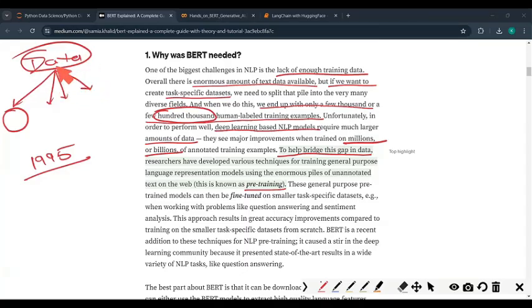Understand this: overall, there was a lot of data. If I talk about statements, paragraphs, documents, PDF files and all of that, wherever we have language kind of things, that data is a lot on the internet. But usable data is very less. In many of the documents, in many of the PDFs, if you download and use them, there is no mention of what type of document it is. Is it related to e-commerce? Is it related to sports science? Is it related to medical? It was not mentioned.